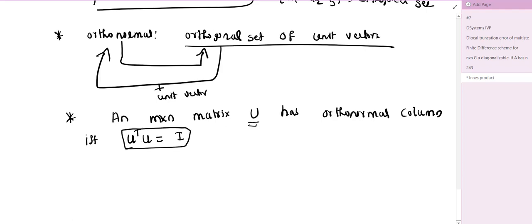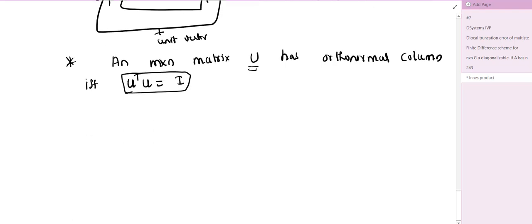And it also has properties like this: let U be an m cross n matrix with orthonormal columns, and x, y be in Rn. Then the norm of Ux is equal to the norm of x, because the norm of U is the unit length, which is equal to 1.